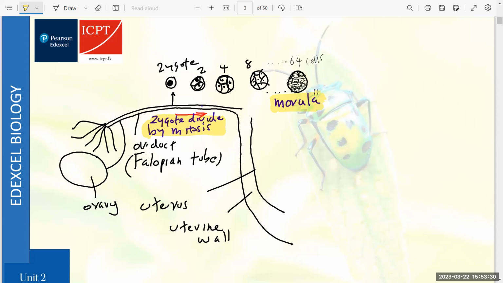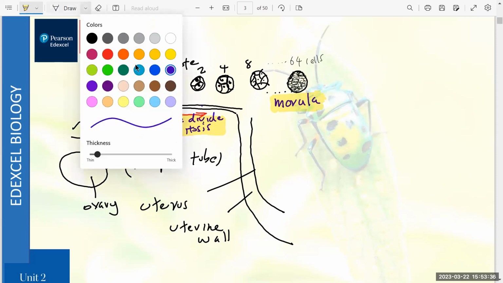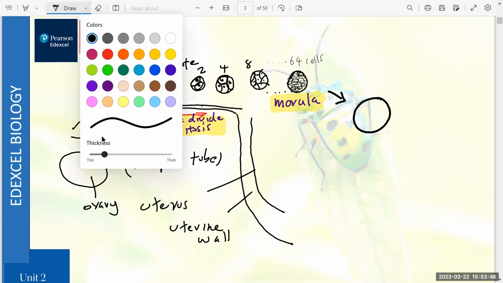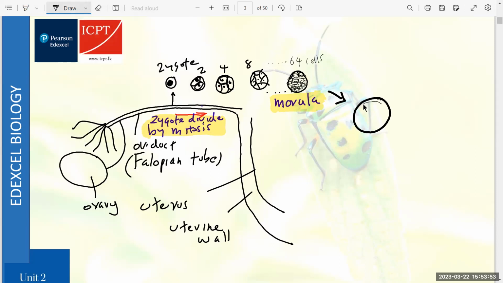What happens next? Then at another point we can find this one. The morula changes structure and it forms a cell layer like this and like this.